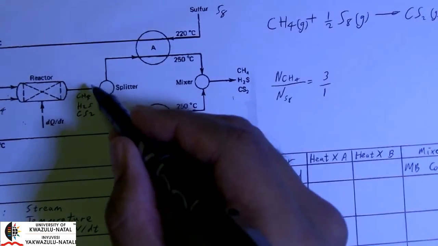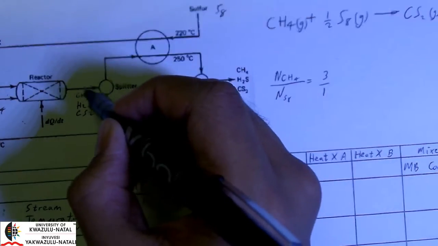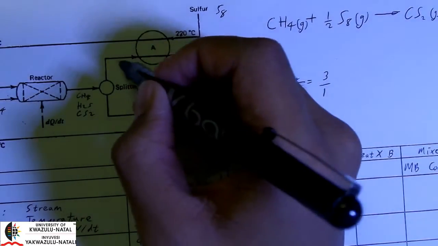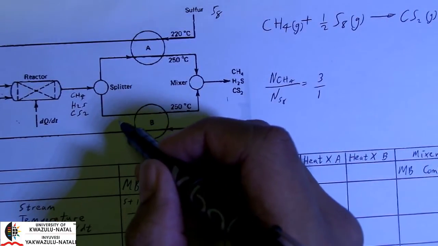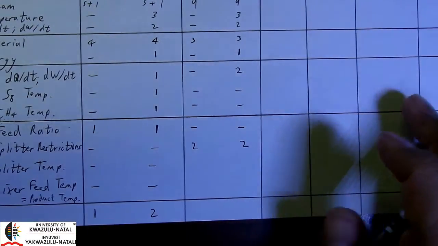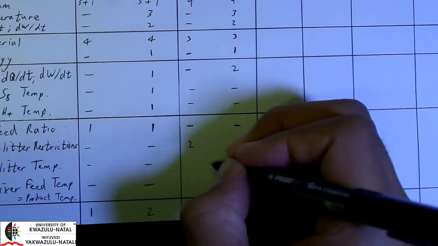Okay, so that can count for 2 subsidiary relations. We can say that, for example, T of the feed is equal to this temperature here, or T of the feed is equal to this temperature here. Okay, so they are all equal, and that accounts for 2 subsidiary relations.